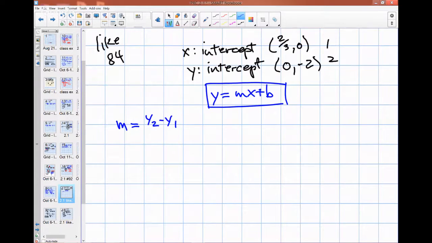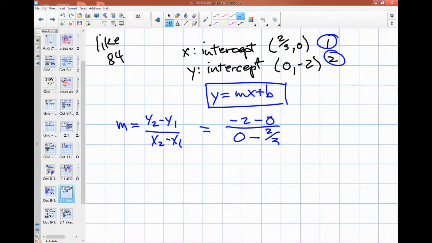I numbered the points. You see that up here. It doesn't matter, but that's the way I did it. So what's the slope? y2, -2, minus y1, 0, over x2, 0, minus x1, 2/3.